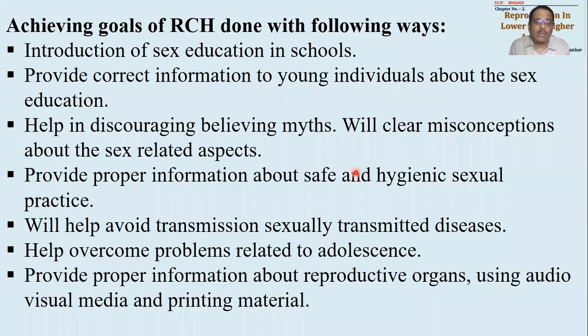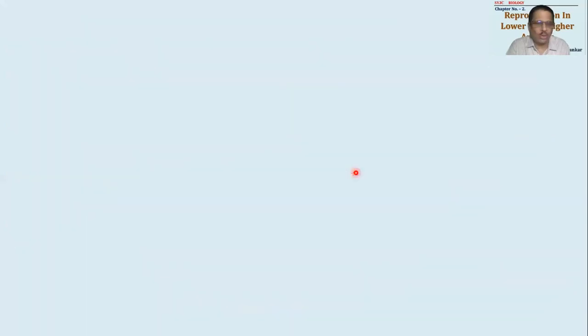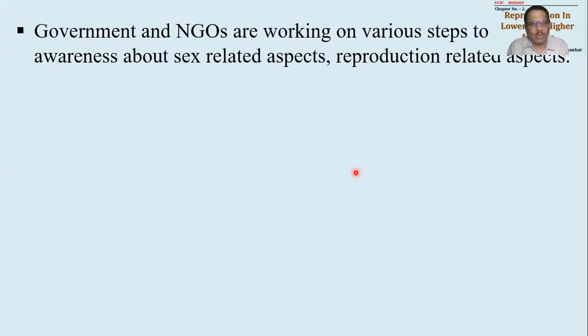Okay. Sometimes making use of audio visual media and certain printing material also may be available. जब आपके स्कूल्स में आपने देखा होगा कि कोई एनजीओज आते हैं वहाँ पे, या कुछ इंस्टीट्यूट्स आते हैं और आपको सेक्स के बारे में थोड़ा सा एडिशनल एजुकेशन दिया होगा, कुछ चीजें आपके सामने डिस्प्ले की होगी. That is all possible. Okay. So government and NGOs, NGO means क्या होता है?